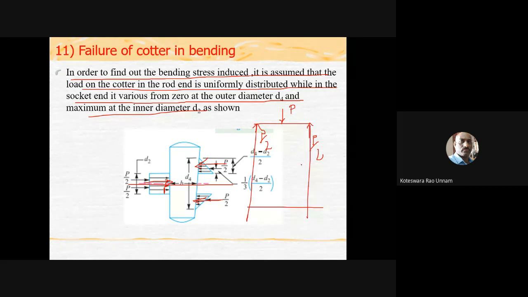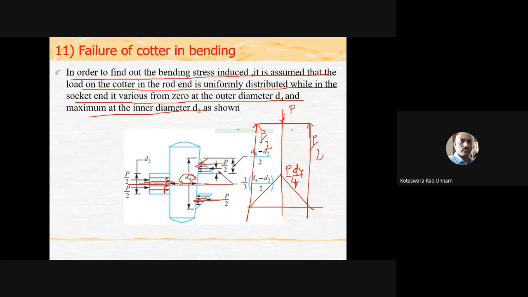Because of that, if you draw the bending moment diagram, it is going to be something like this. If I take this distance as D4 by 4, the total distance is D4. Then your bending moment is nothing but P by 2 into D4 by 2, that is P into D4 by 4. The bending moment diagram will be a triangle here.